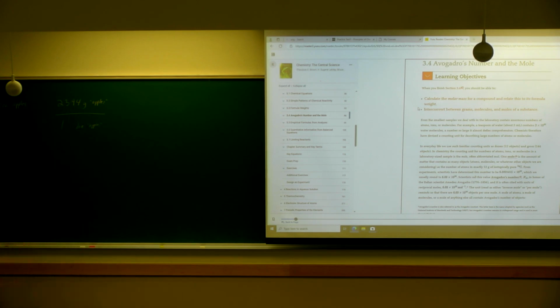It's somewhere close to true. 2,394 grams is how much 1 dozen apples weighs. 12 apples. Dozen means 12, right?